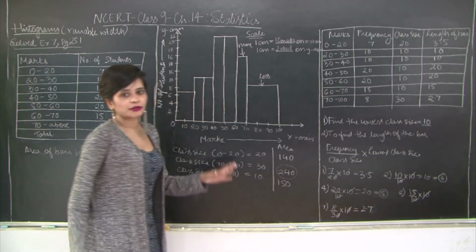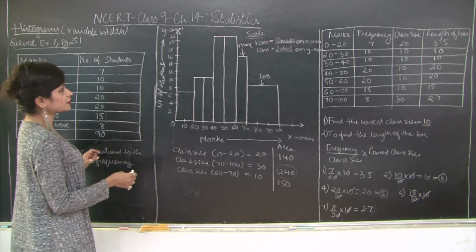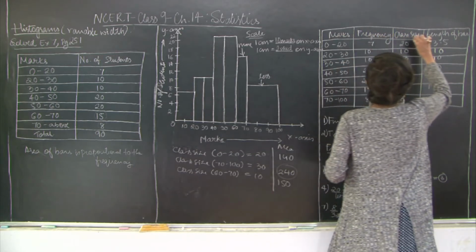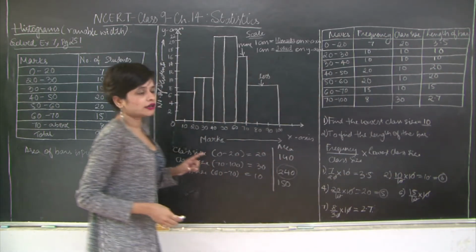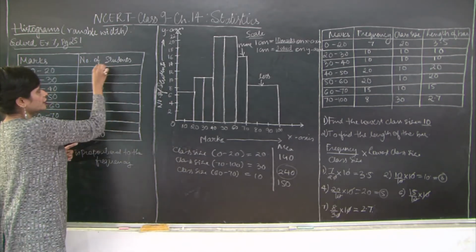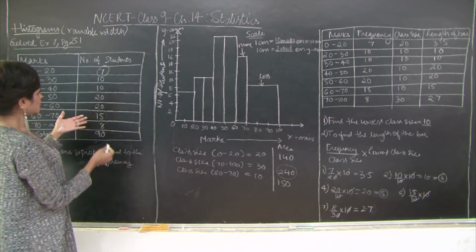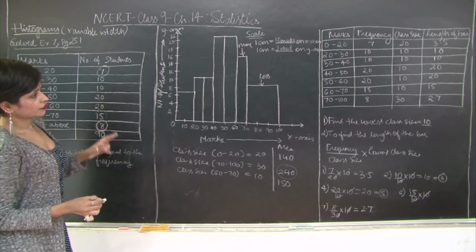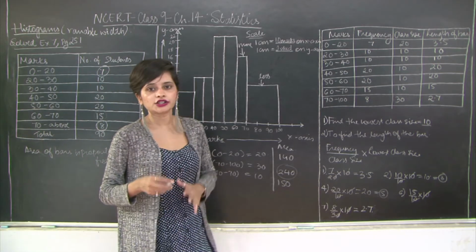Now using this table, if you compare this table with this table, you will observe differences in which cells. Then you have 10, 10, 20, 20, 15 and this one. So these are the two places where the length of the bars need to be changed.